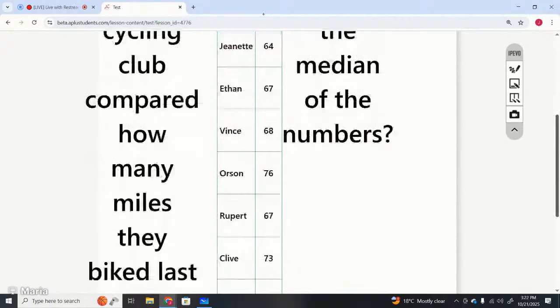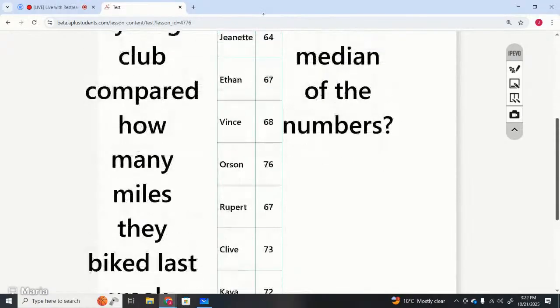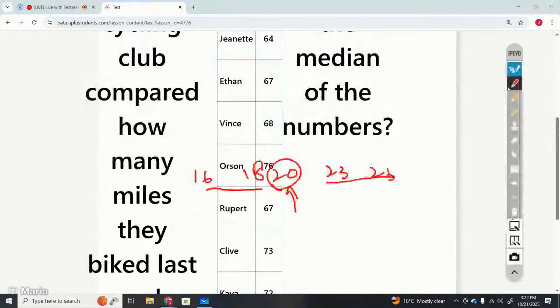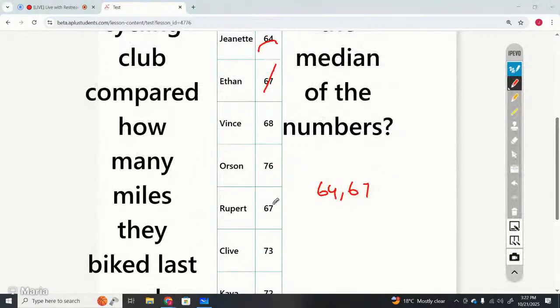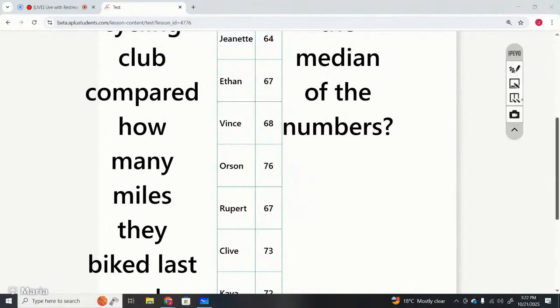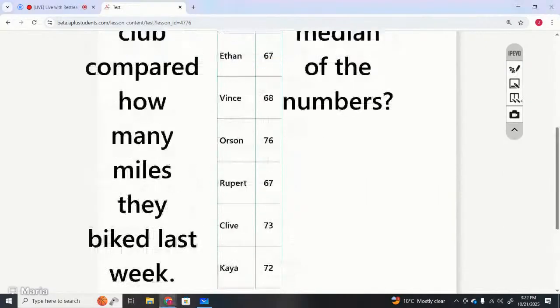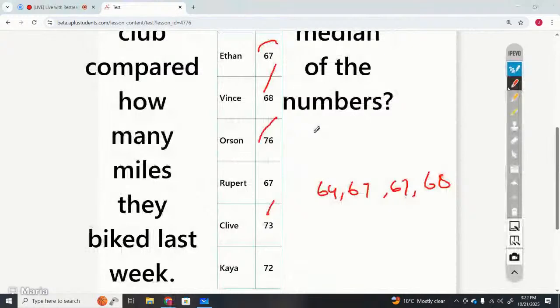I'm going to write from least: 60, 64, 67, another 67, 68, 72, 73, 76. 1, 2, 3, 4, 5, 6, 7.